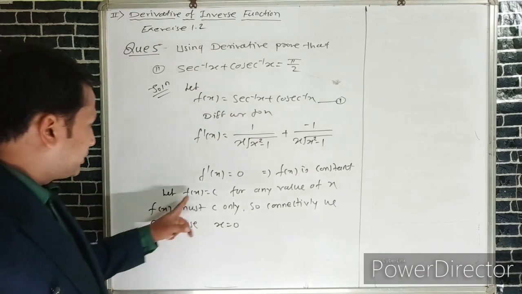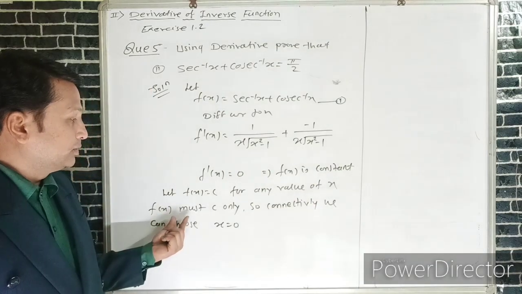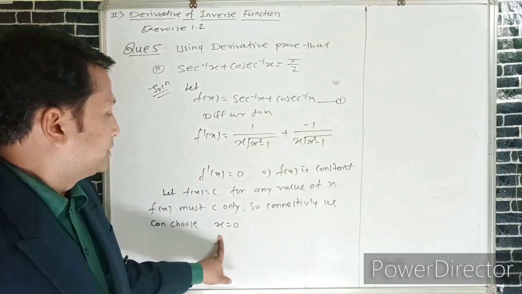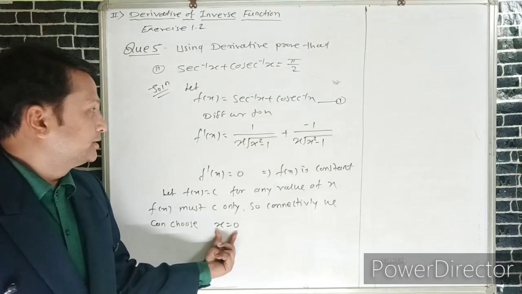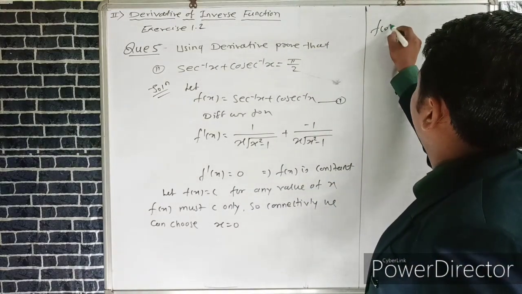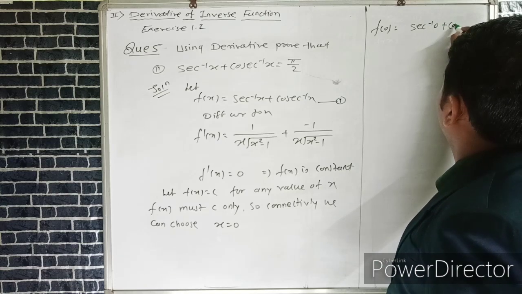Let f of x is equal to c for any value of x. f of x must be c only, so conveniently we can choose x is equal to 0. If we put x is 0 in equation 1, we can write f of x is equal to sec inverse 0 plus cosec inverse 0.